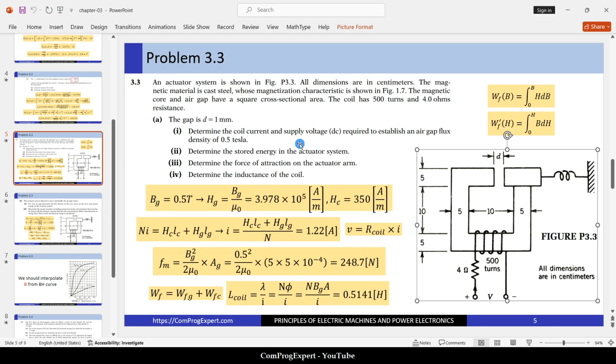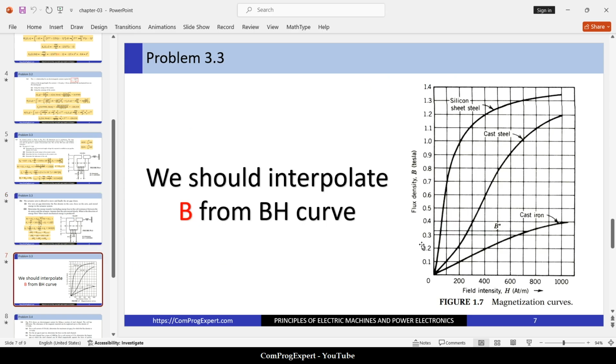The magnetic material given is cast steel, and when the value of the flux density in the cast steel material is 0.5 Tesla, the value of H is approximately 350.